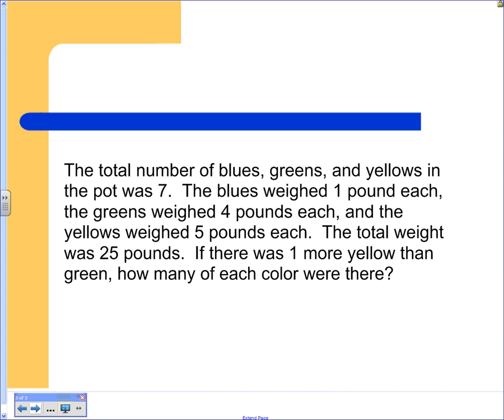Will someone go write one equation on the board? It doesn't matter which one. Pick one of the equations to write on the board.